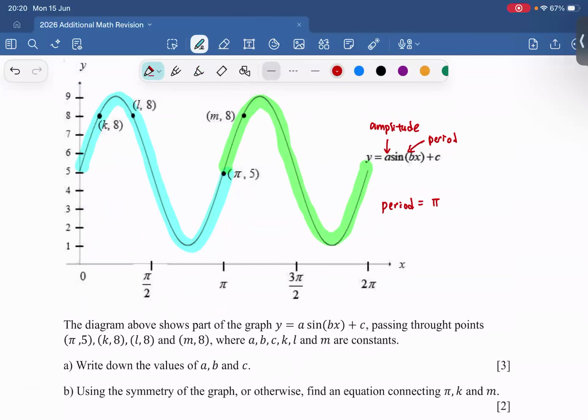So how do B and period link? B is not equal to your period. I say first, B is linked to your period. B stands for you have B cycles in 2 pi. So to find in pi how many cycles you have, take B divided by 2. There are B over 2 cycles in pi.